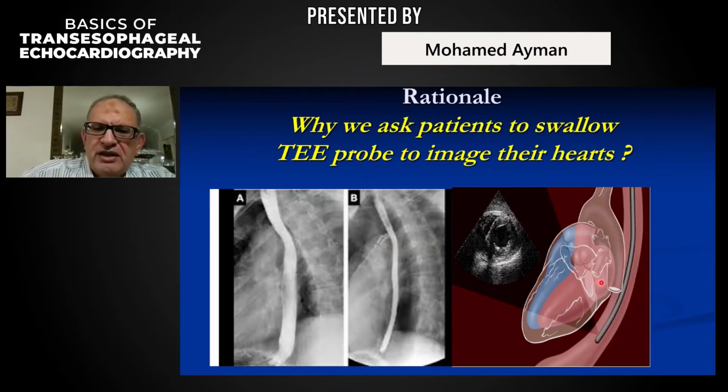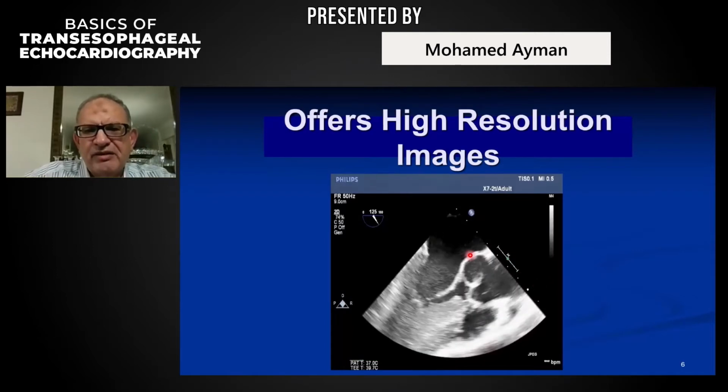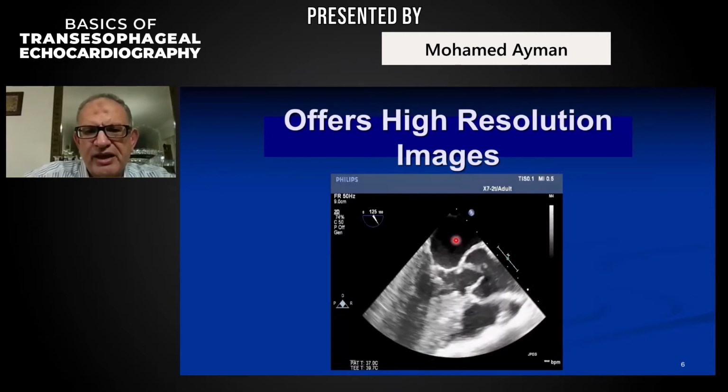Actually, the pictures we get from the transesophageal probe show very high resolution because the probe is separated from the heart by the very thin anterior esophageal wall. So we usually get something very high resolution, something like this.